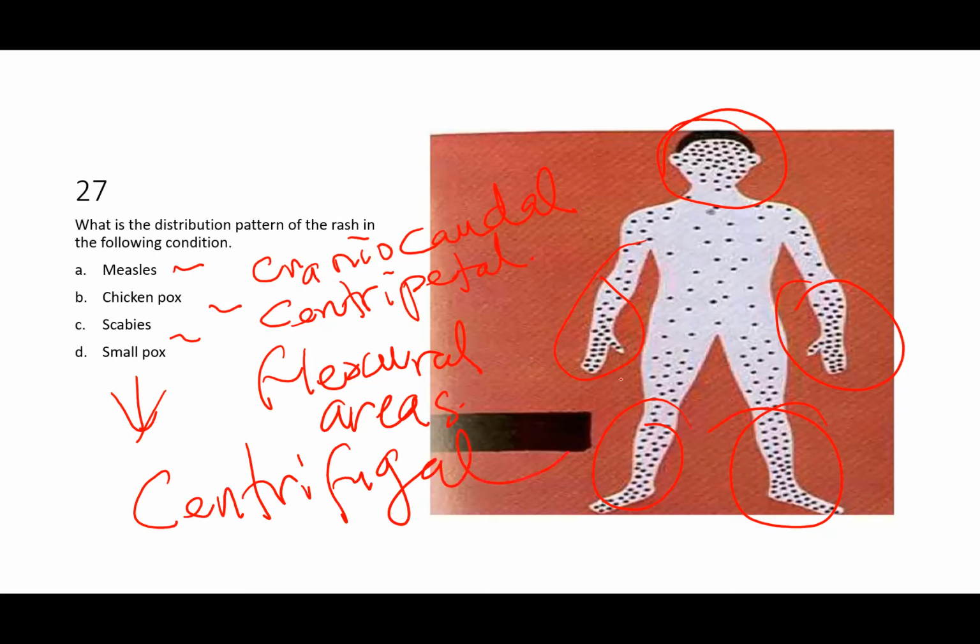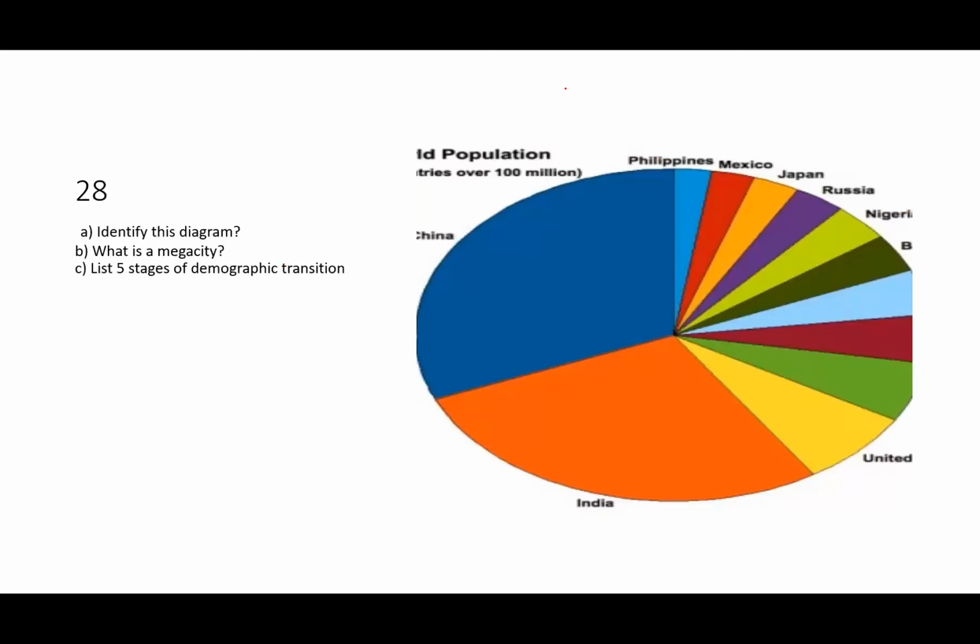So smallpox is centrifugal, while scabies is flexural areas. Chickenpox is centripetal, and measles is craniocaudal.